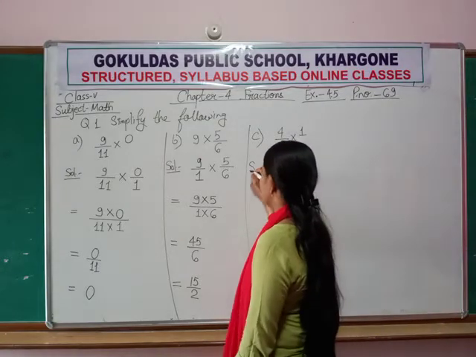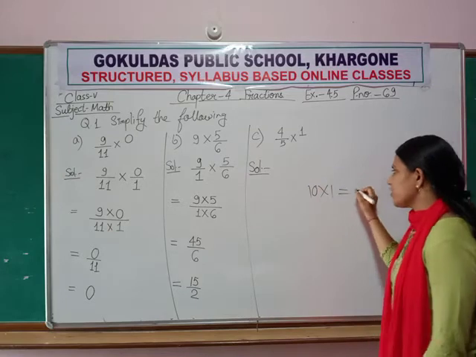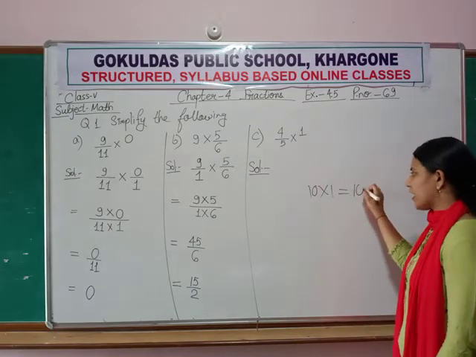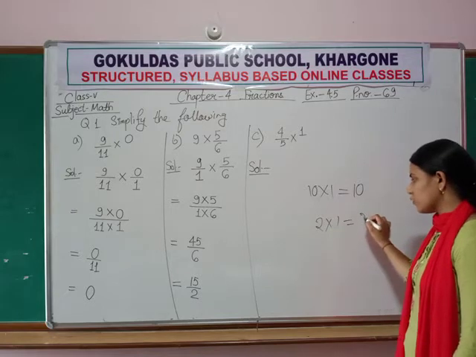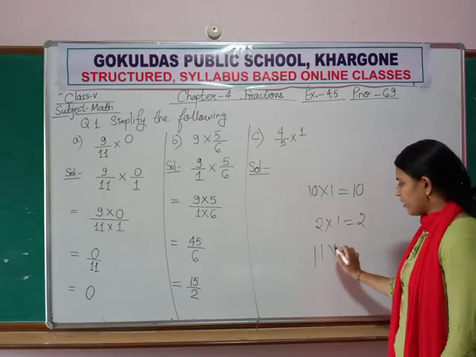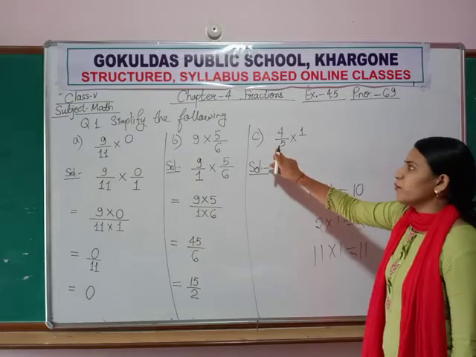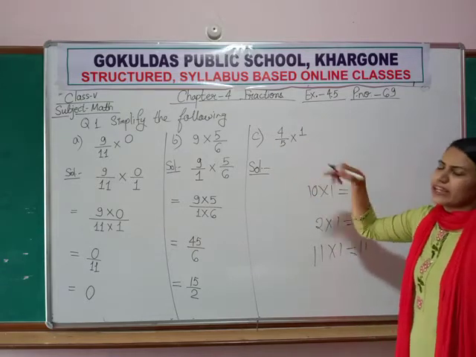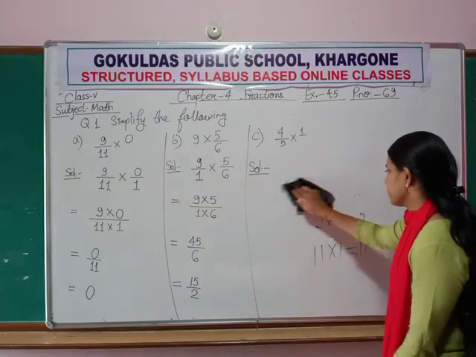If you multiply 10 with 1, your result is 10. 2 into 1, 2 ones are 2. 11 into 1, 11 ones are 11. So 4 upon 5 multiplied by 1 will give you 4 upon 5 as result.